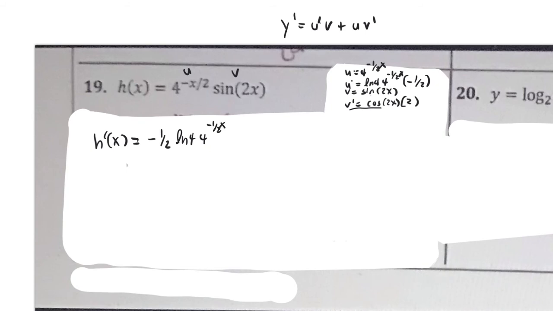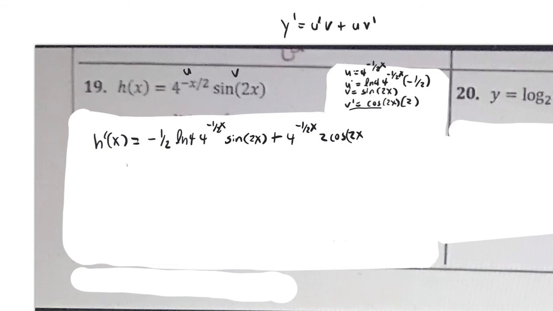And that is u prime, right? Times v, so we have to multiply that by sine of 2x. And then we're going to be adding u times v prime. Now u is 4 to the negative 1/2 x, and v prime is 2 cosine of 2x.